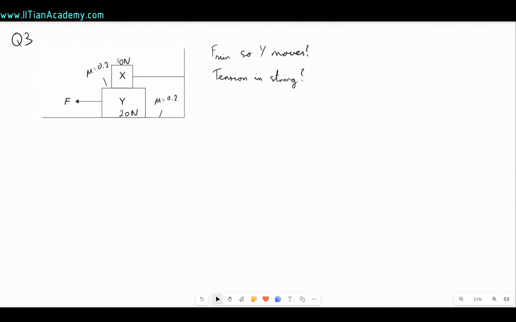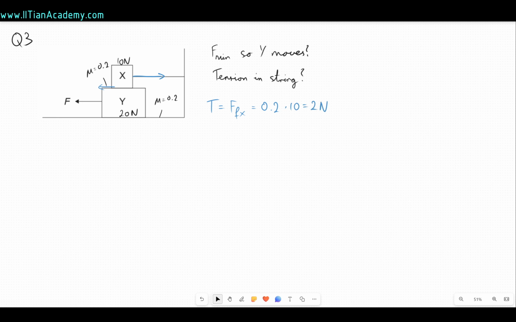So what we need to notice here is that, firstly, there's friction between both surfaces, and when block Y is about to move, block X is still stationary, and the tension force acting over here must cancel out with the frictional force acting on X at the surface of X and Y. So we can already calculate that the maximum tensional force that we can have is going to be equal to the frictional force at the surface of X. That will simply be the coefficient times its weight.